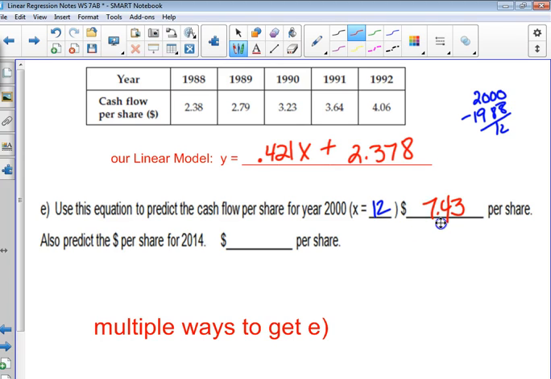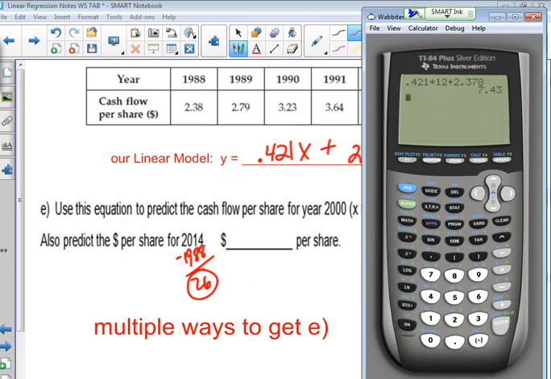You can do the same thing, replacing X. 2014 would be how long from 1988? Minus 1988 would be 26 years, so you can put in a 26. Now, because we stored the equation, you could also use your table. How many of you have used the table before?